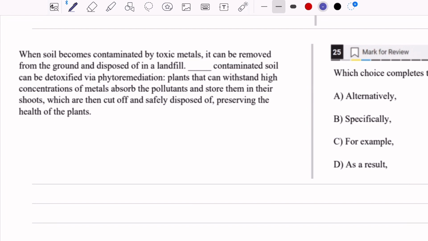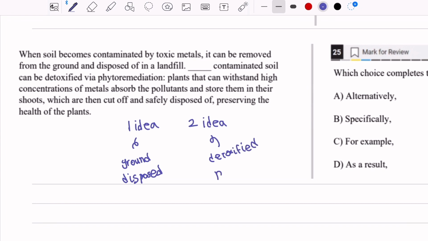it's suggesting idea one, and idea two, which is it can be removed from the ground and deposited in the landfill. And this is suggesting a different idea, which is it can also be detoxified via phytoremediation.